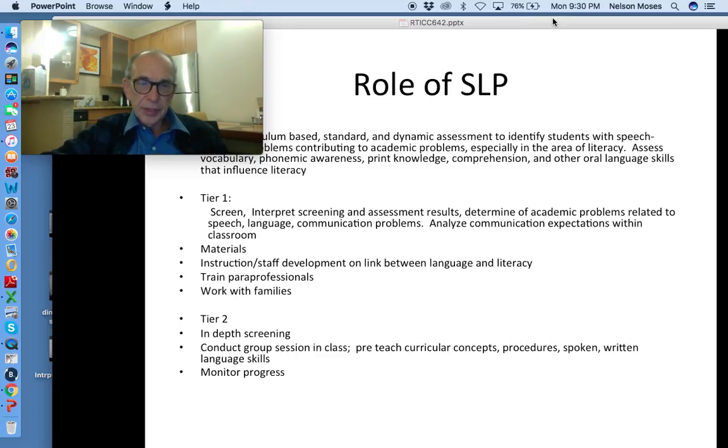Also at Tier 1, we work with families. And we were trying to integrate into our literacy program, work with parents on reading to children at home. I, as a parent, was instructed by my own kids' teachers back in the day, which wasn't that long ago since I have relatively young children.